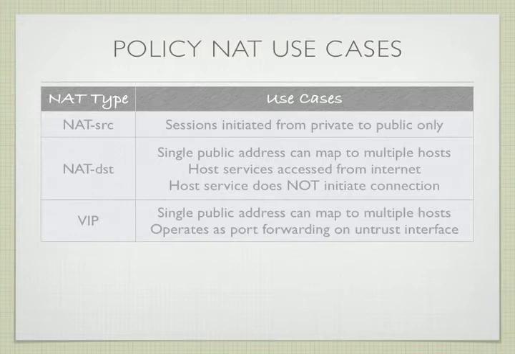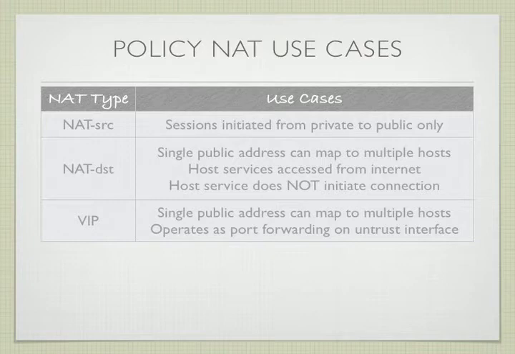The VIP is the recommended simple configuration if you have a single public IP address, particularly the public IP address of the interface connected to the internet, and you want to map it to multiple hosts as port forwarding.